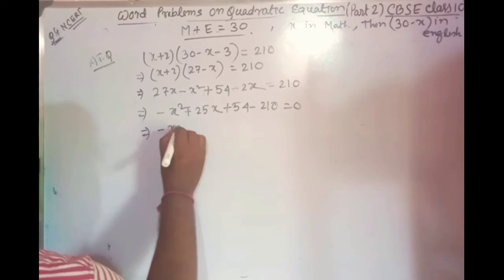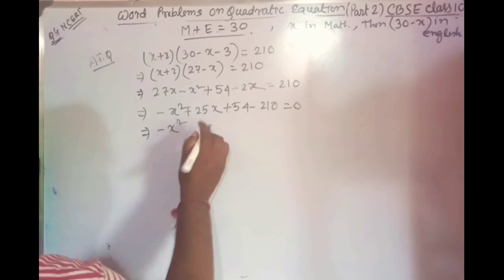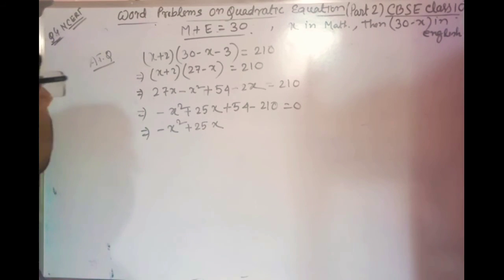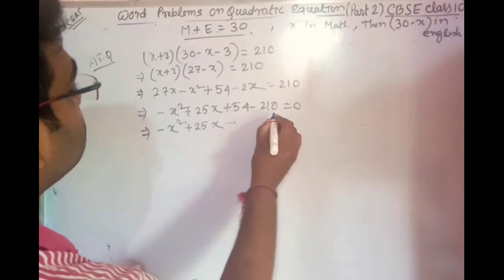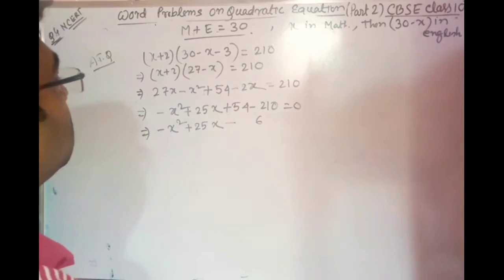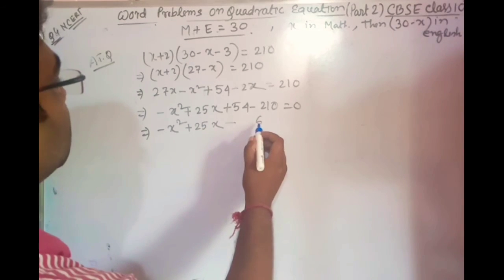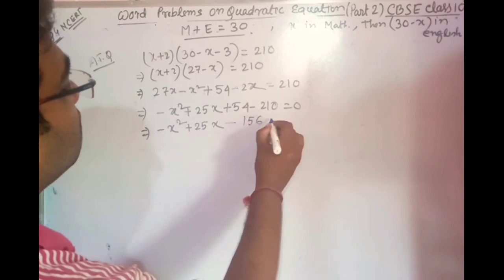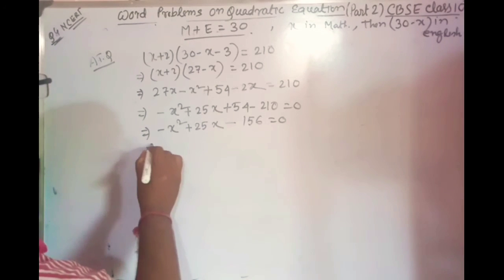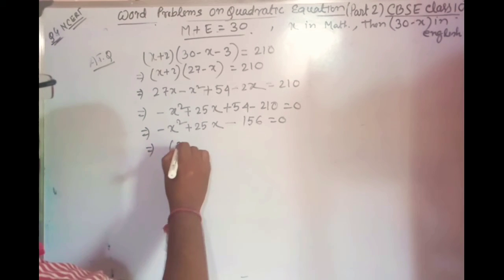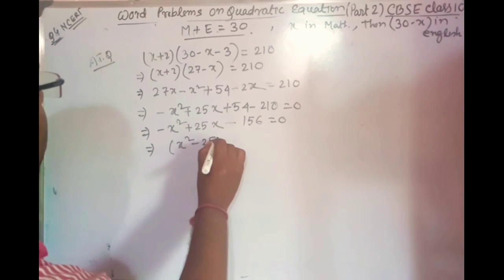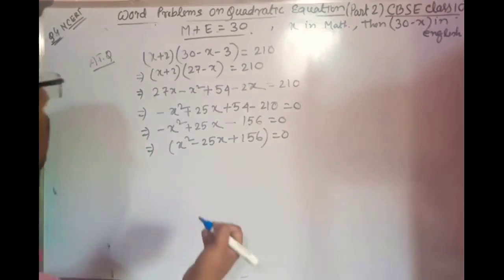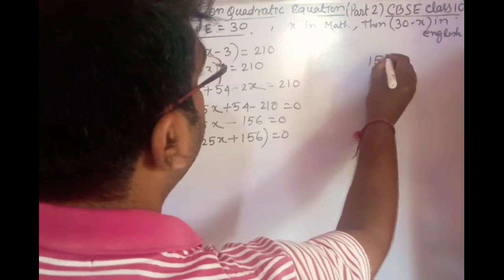That is minus x square plus 25x minus 156 equals 0. We take minus common: x square minus 25x plus 156 equals 0. Now we factorize 156 over here.